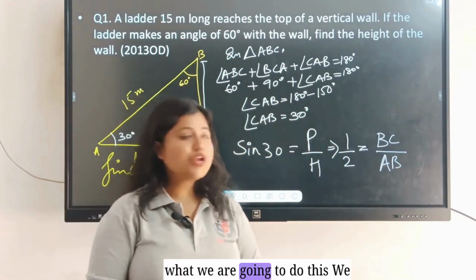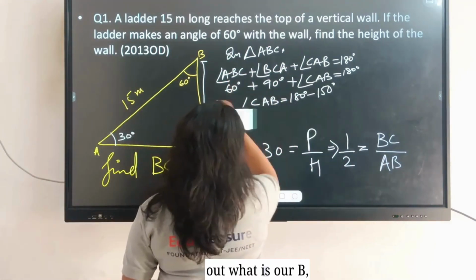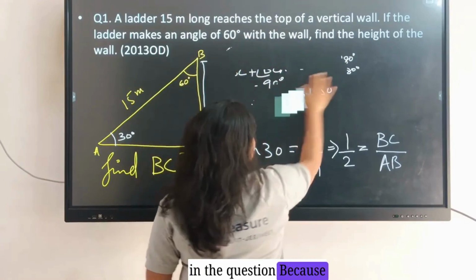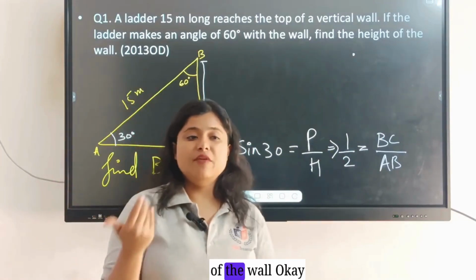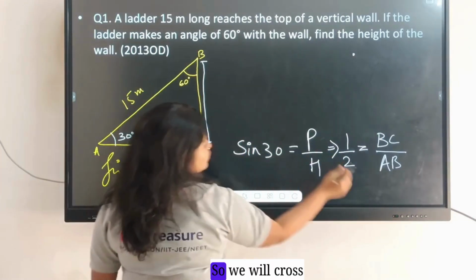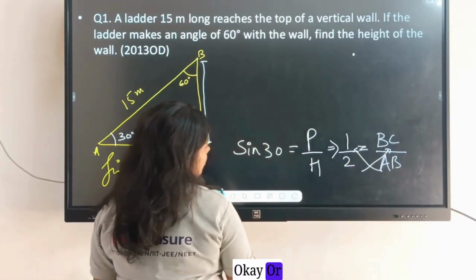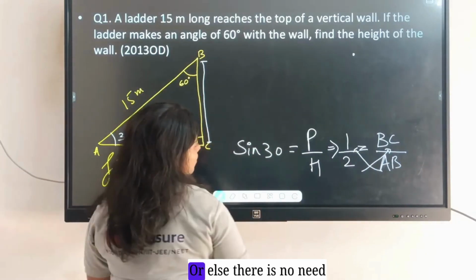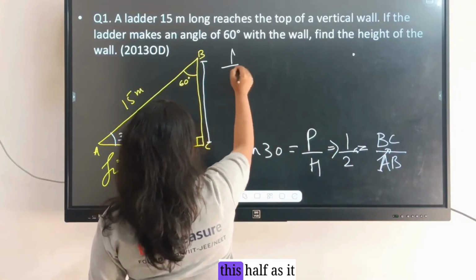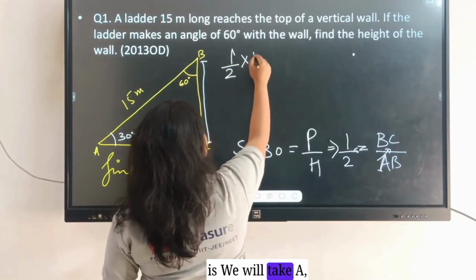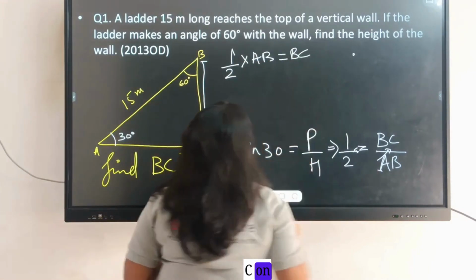Now we will put the values and find out BC, which is asked in the question, because BC is the height of the wall. There is no need to cross multiply. We will keep this half as it is, take AB on the other side and keep BC on the same side.